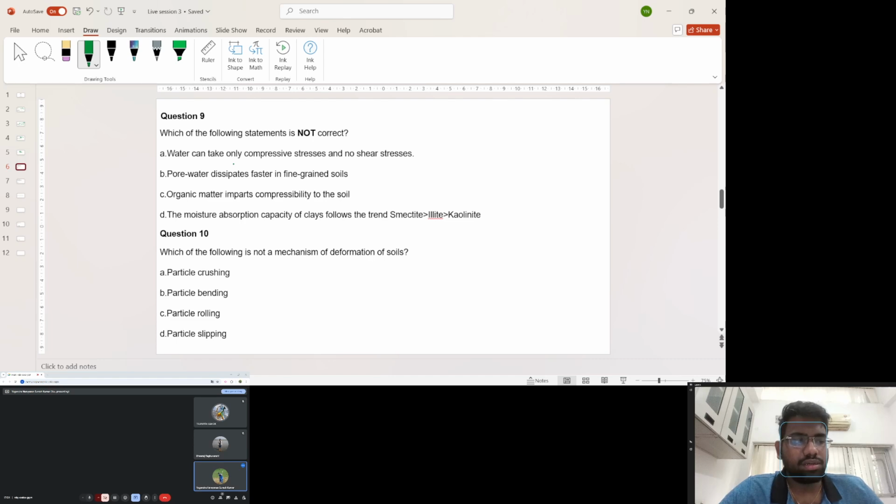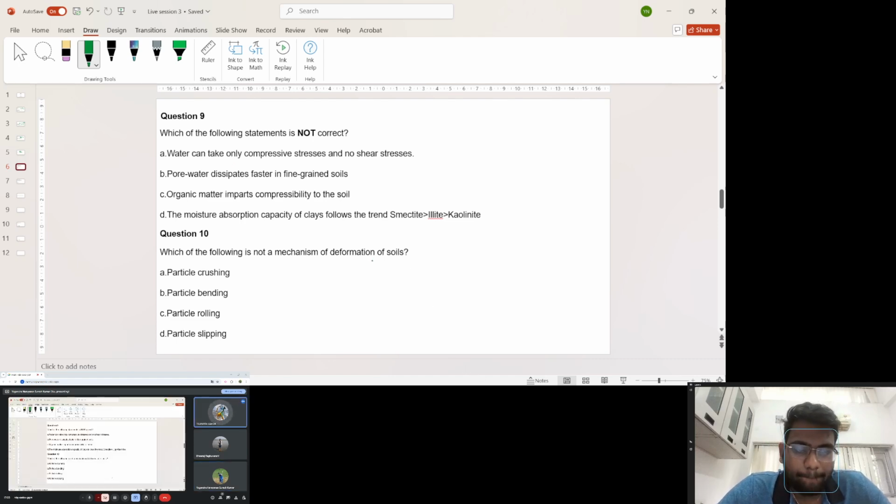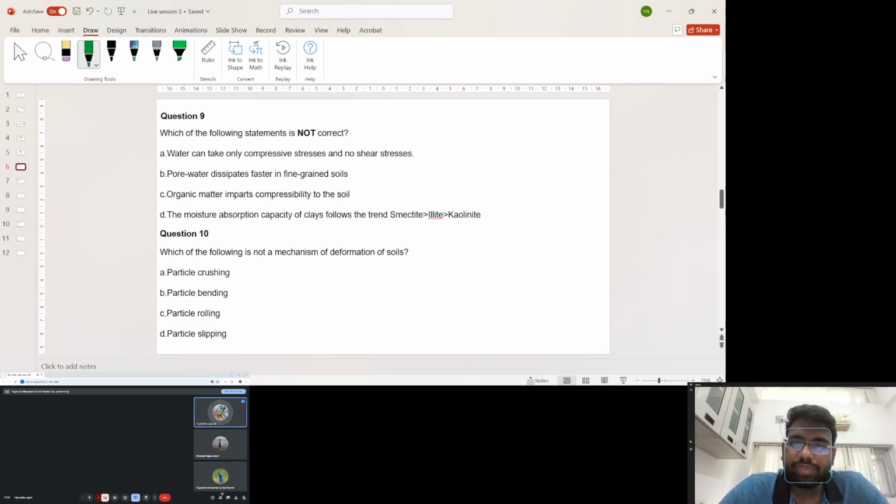Any answers or any idea? Any logics? I think option B. Pore water dissipates faster in fine grains. Okay, so why can't it be option A?